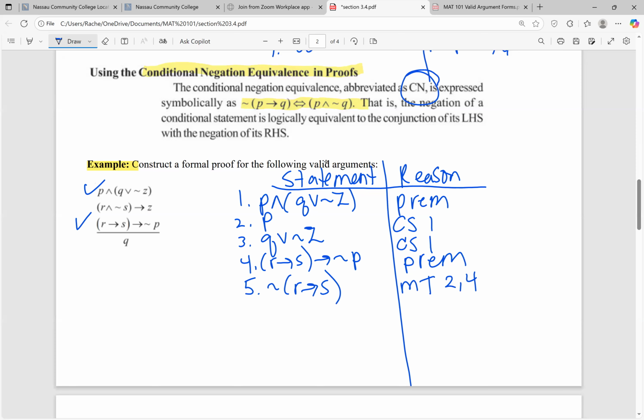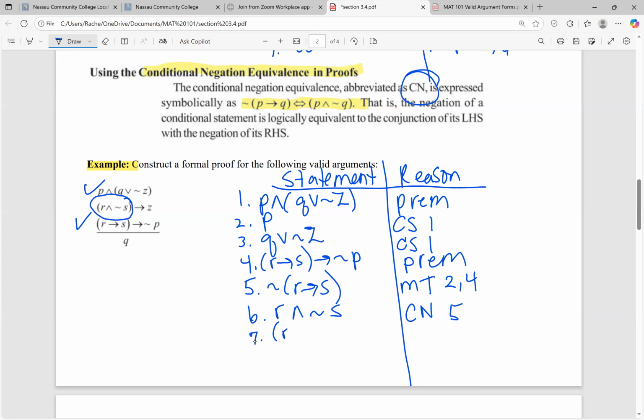And now I'm looking at the negation of a conditional, right? Statement 5 says not R implies S. And if I negate it, that's going to be R and not S. So that's my conditional negation on statement 5. And look what that looks exactly like: the left-hand side of that second premise. So let's write down that second premise.